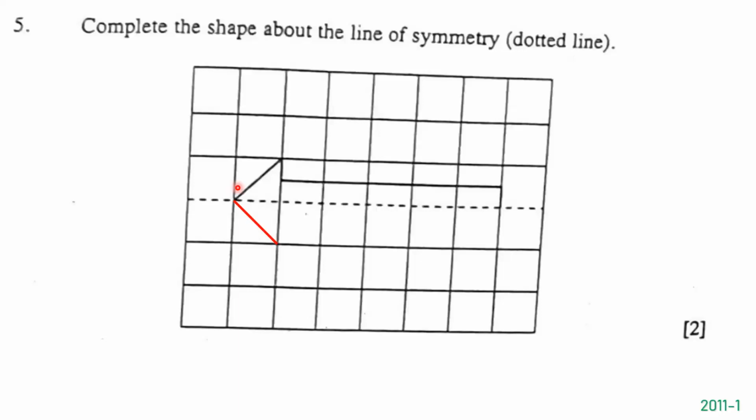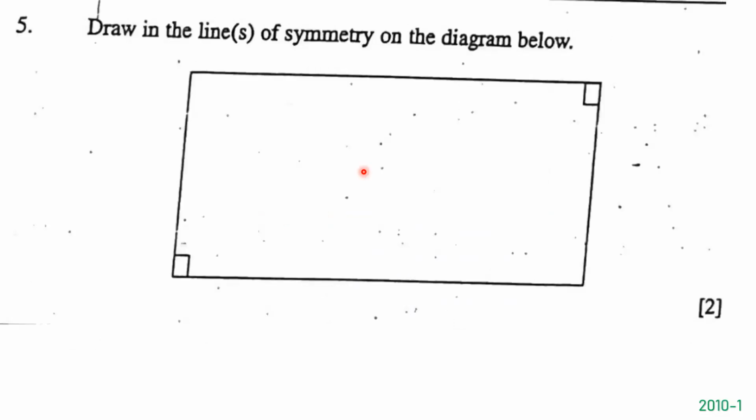And then we have to go here and then here and then here. And so that's the complete shape, right? Complete the shape about the line of symmetry, ensuring that this side at the bottom is identical to the one at the top.